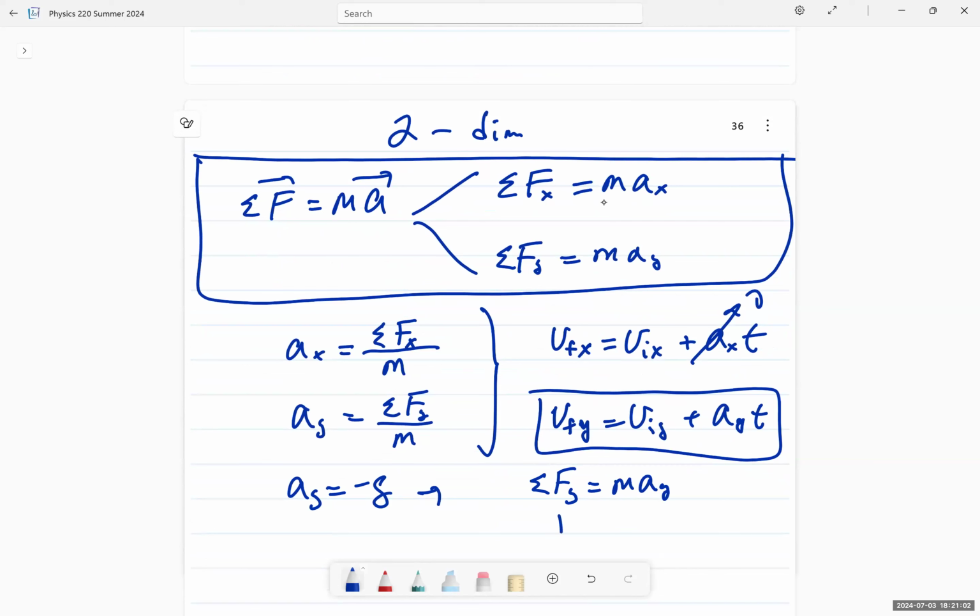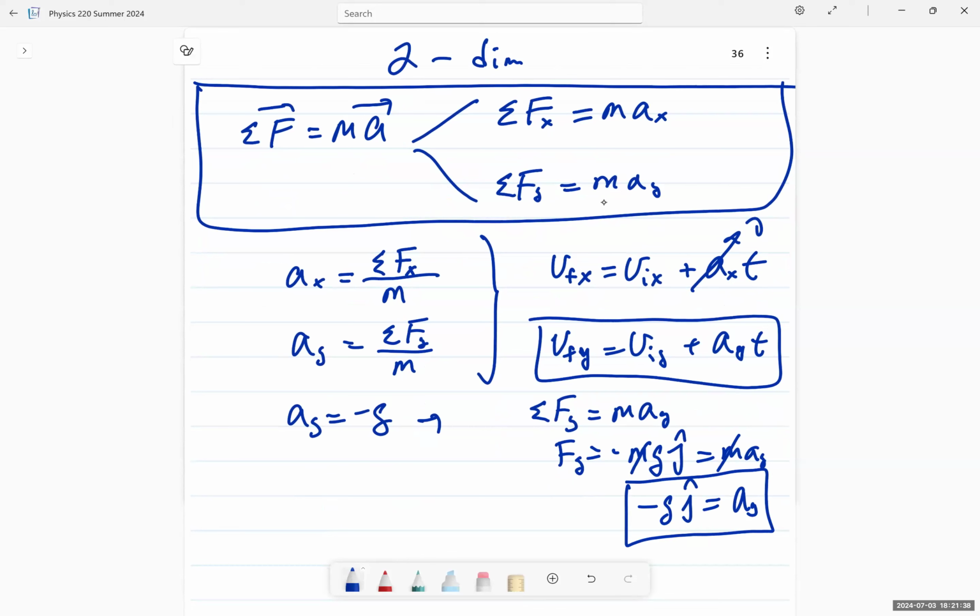If the only force is the gravitational force, which technically gives us g as acceleration, it is in the negative j hat direction. If I say the left side is equal to negative m g j hat, and the right side equals m times a y, and I cancel the mass, you can see why a y equals negative g j hat for free fall. It basically comes from this.